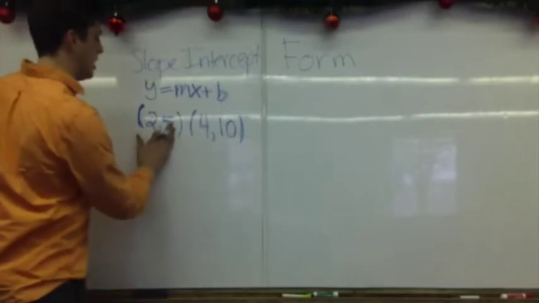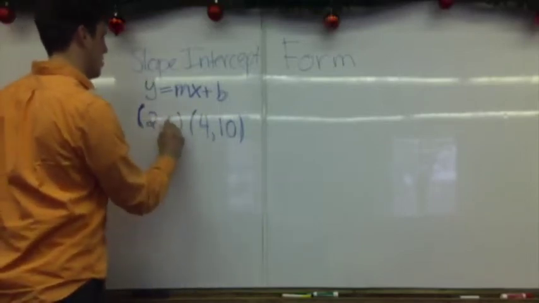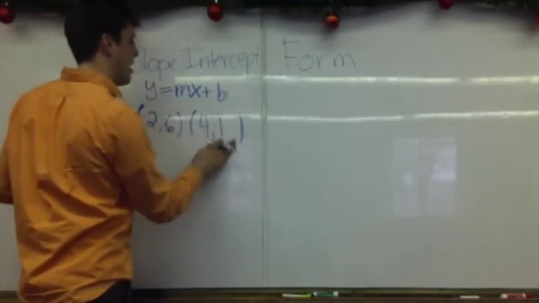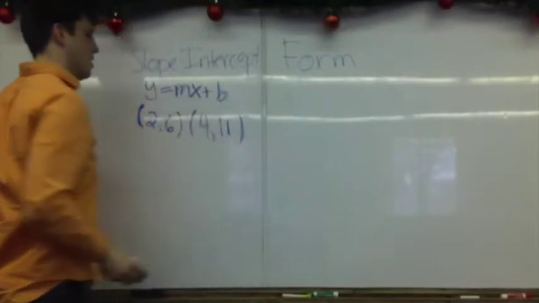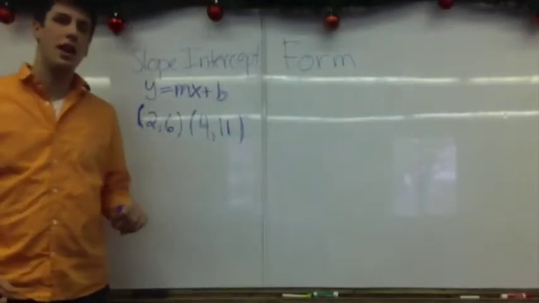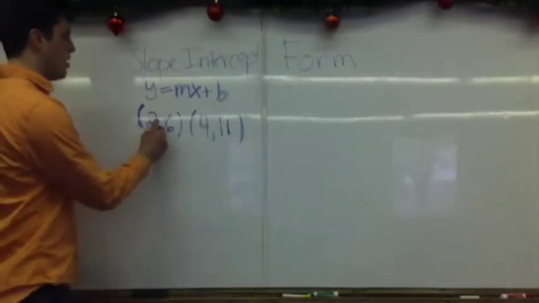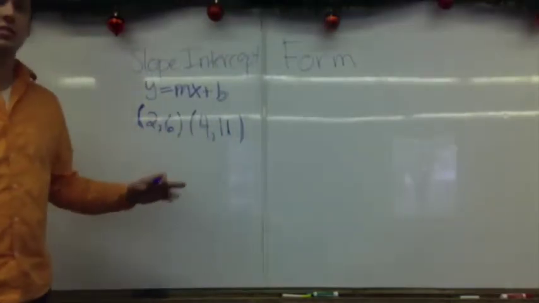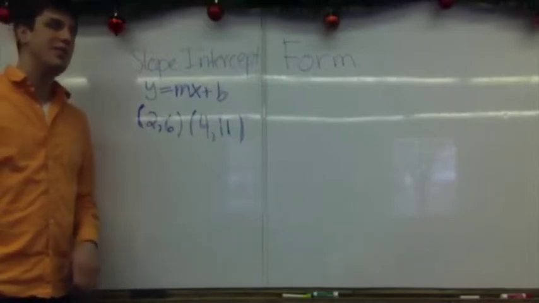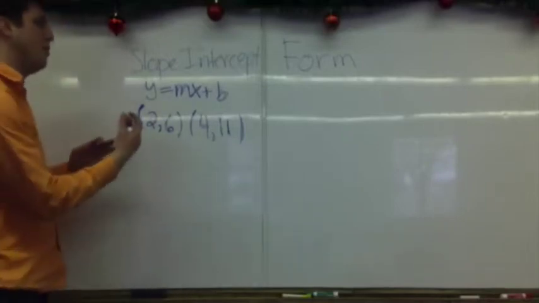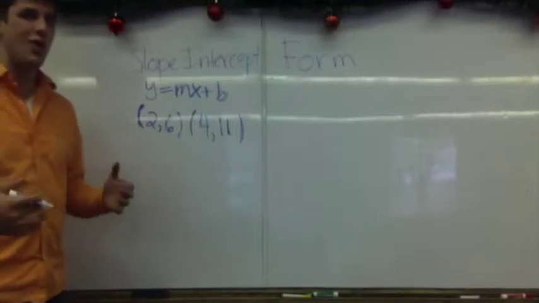Now let's do 2 and 6, and then 4 and 11. I want us to figure out what m and what b are. The trick is that we don't know what b is just looking at these two coordinates. We don't know what y will be when x is 0, so we don't know our y-intercept.